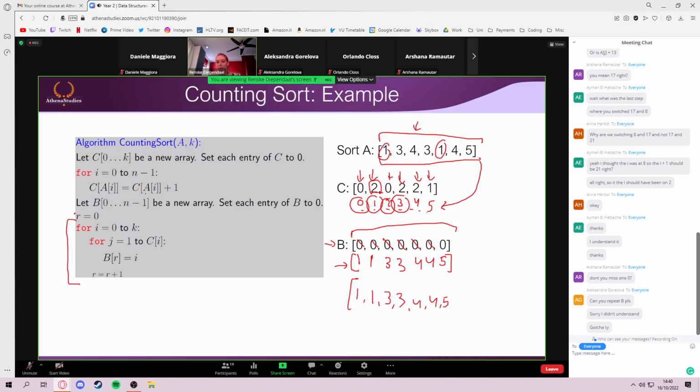Any questions? Or do you want me to relate it to the algorithm a bit more? Because I think the algorithm is kind of hard to read, in my opinion. And if you just count it and then put it down like this, it's kind of easier to understand.